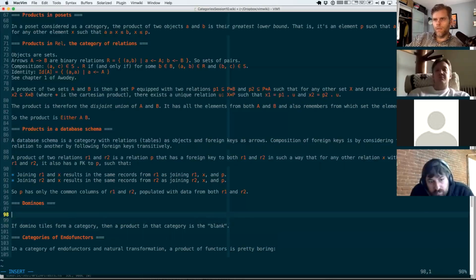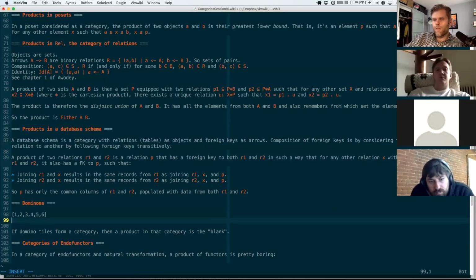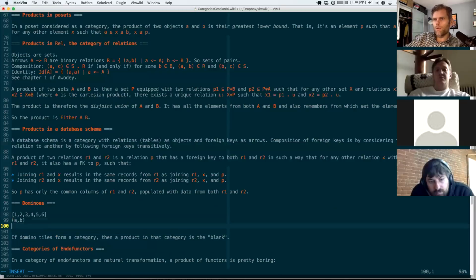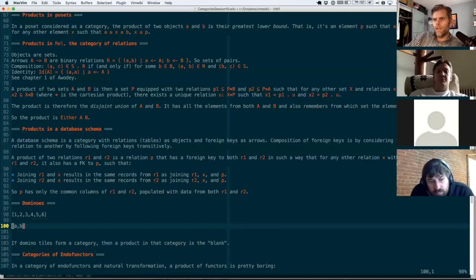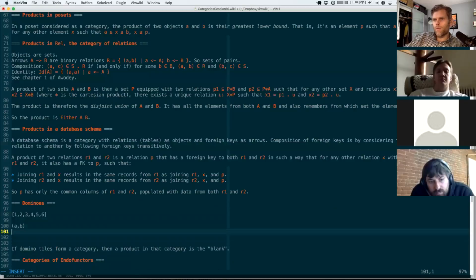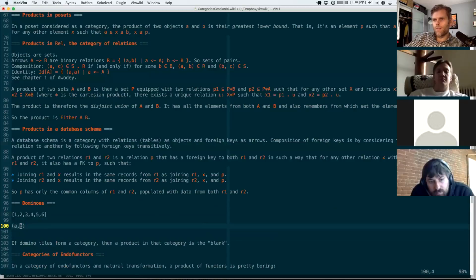If we think of the tiles in dominoes, they have these faces, and they're this set, numbered from 1 to 6. And each tile is a pair, A and B, of two numbers. And we can only compose two dominoes if the ends agree, right?